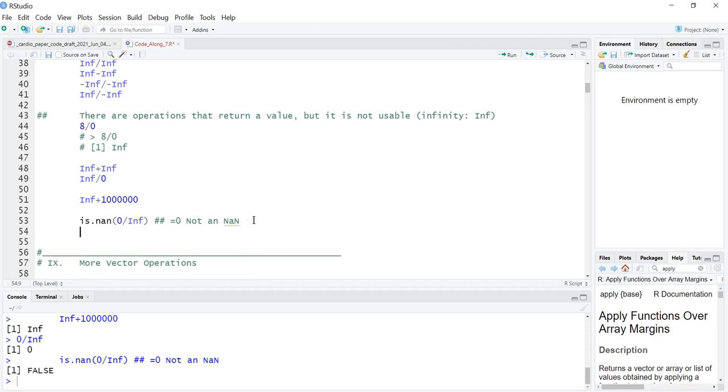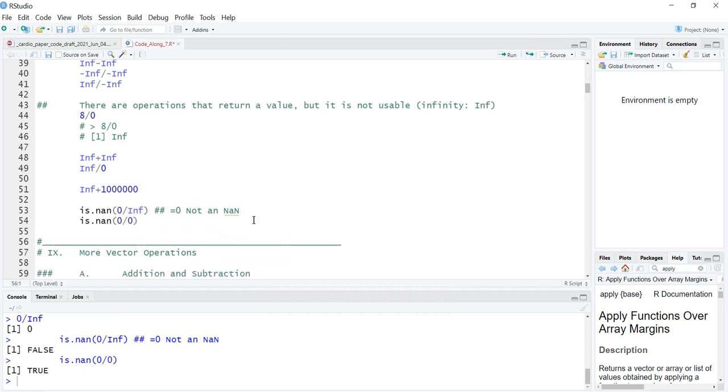If I say is.nan, and I say 0 divided by 0, this is true. Copy this, put it up here. Okay, save. So we've got NAs for missing values, and undefined values are NaNs.